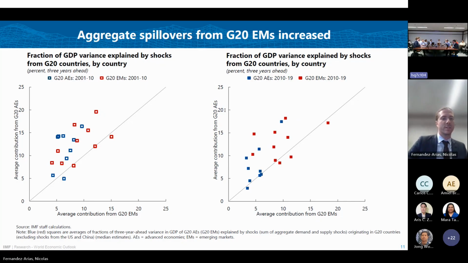The way to read it is that points below the 45-degree line see a larger share of their output variance explained by G20 emerging markets than G20 advanced economies. The left panel looks at the first 10 years of the sample, and in the right panel there are more squares below the 45-degree line, showing a larger role for G20 emerging markets than G20 advanced economies.